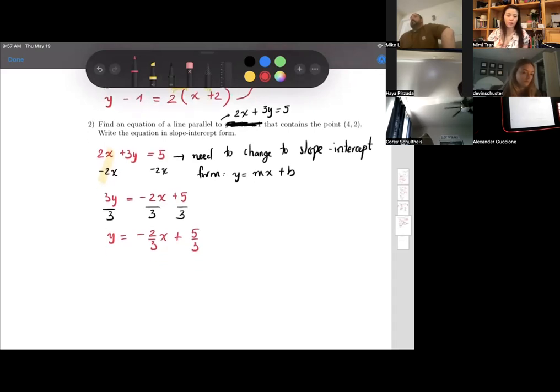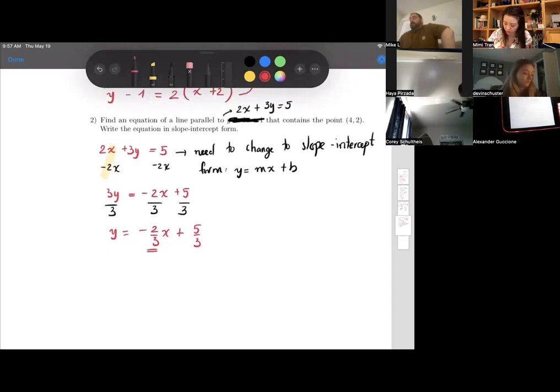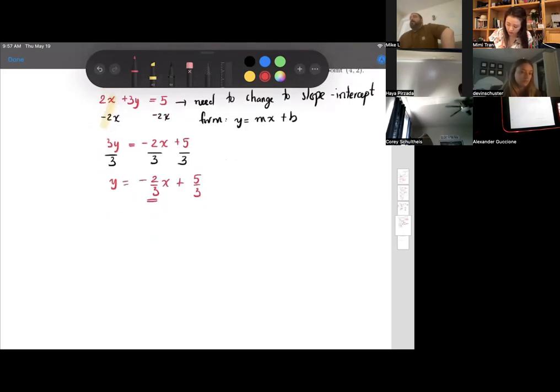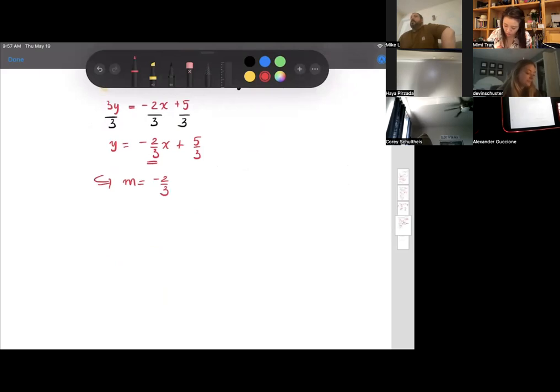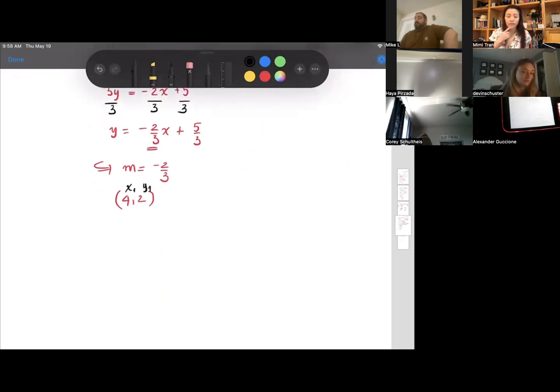And all we care about is the slope, right? So here I can conclude that m is equal to negative 2/3. I got a point, which is what? 4, 2. That's x1, y1. And now I can find the equation. y2 minus y1 equal m times x2 minus x1.